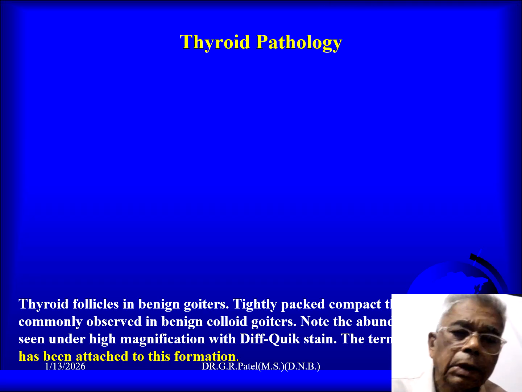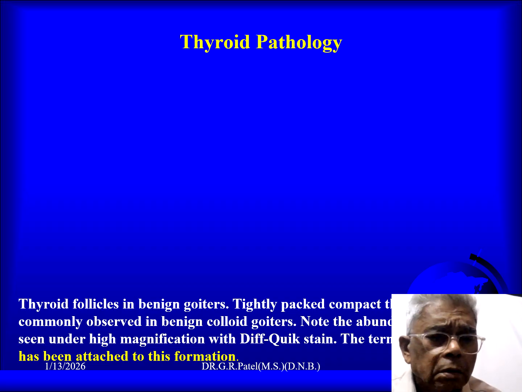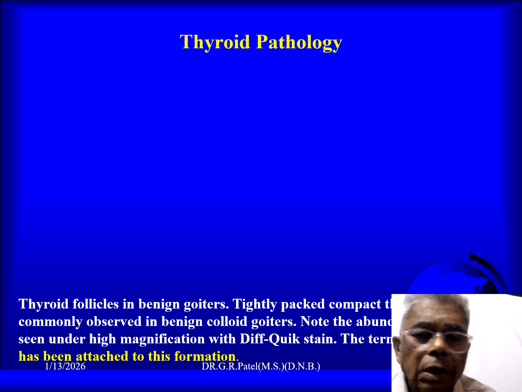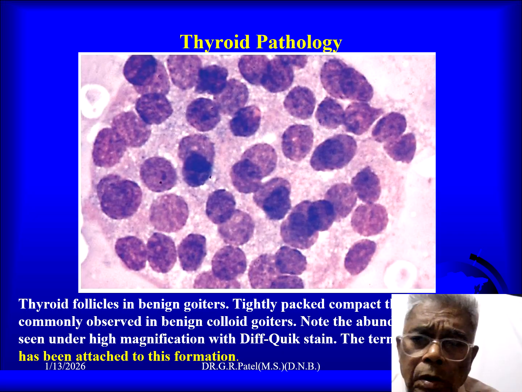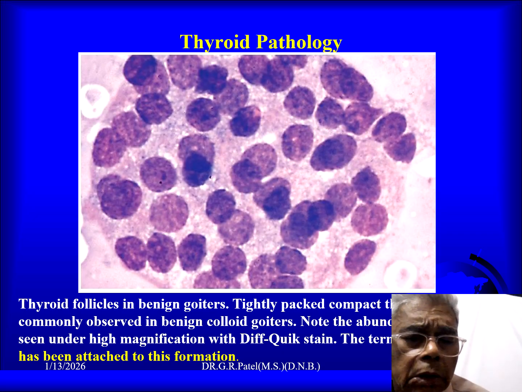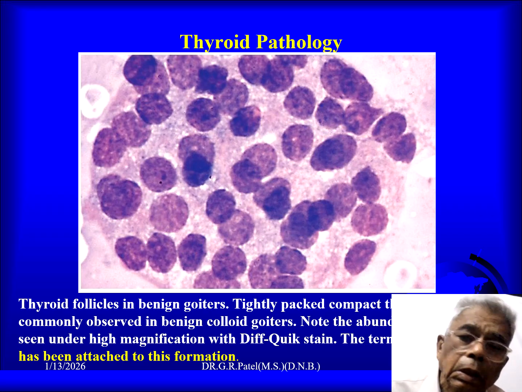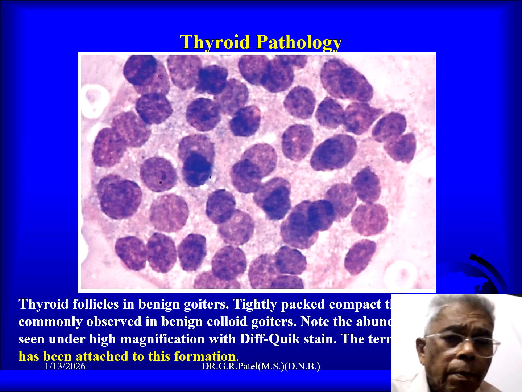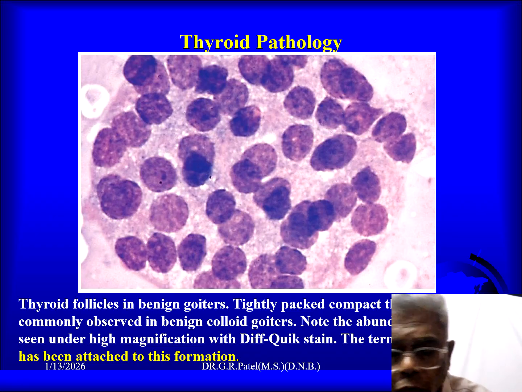Thyroid follicles in benign goiter, tightly packed, compact, commonly observed in benign colloid goiter. Note the abundant cytoplasm seen under high magnification and deep quick stain.